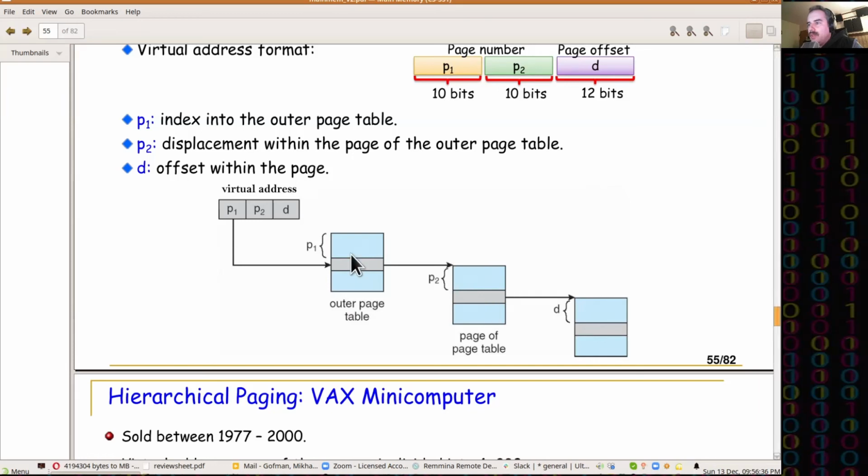So that's just for the traditional page table. Now here, each memory access actually becomes three memory accesses, because first I have to consult the outer page table, then the inner page table, and then I have the actual memory access. So all memory accesses run 3 times slower. If I have more levels, they'll run even slower.